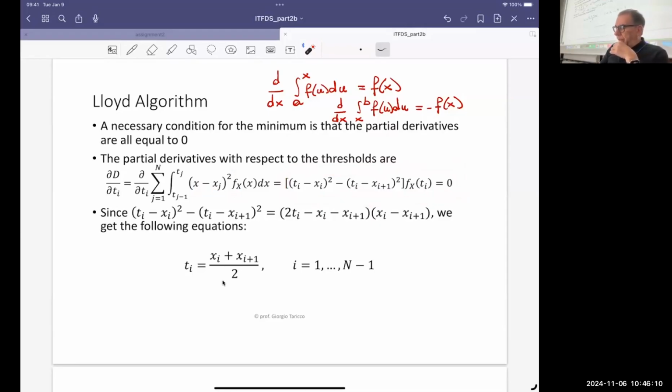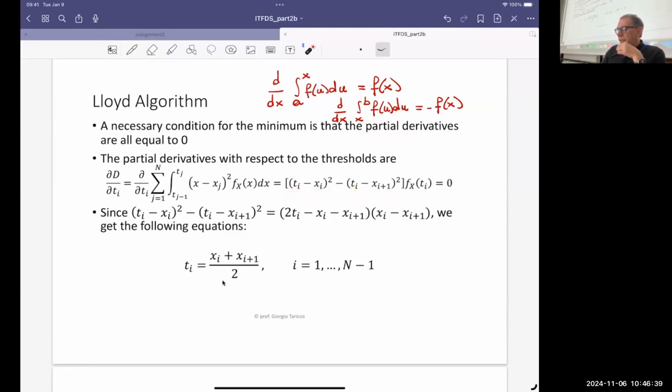Now, we can assume in general that fx of ti, the probability density function of ti, is different from 0. And therefore, the equation that we have to consider is that this quantity must be equal to 0, the factor of the probability density function.